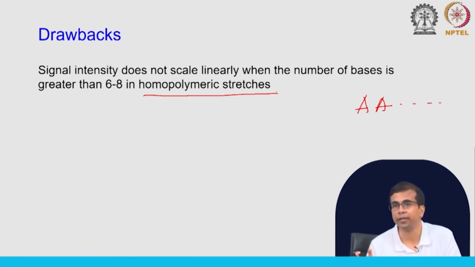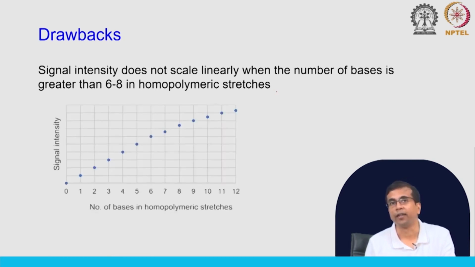After you have reached these 6 or 8 bases, beyond that the signal was not proportional to the number of bases anymore, which means you could not determine the exact length of the homopolymeric stretch. Whether it is actually 10 or 11 or 12 or 14, there would be confusion. This method therefore gave a lot of sequencing error around these homopolymeric stretches, especially insertions and deletions. We will talk about these different types of variants that we can determine. What it means is that we got more error in the sequencing data in these regions.